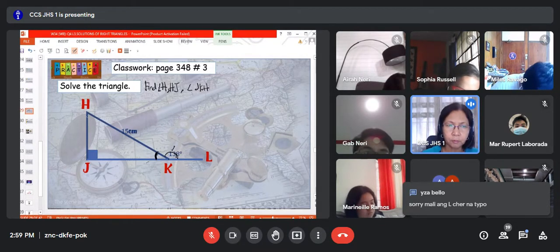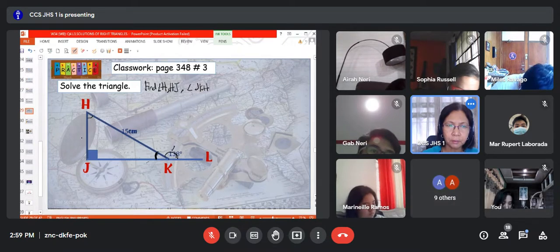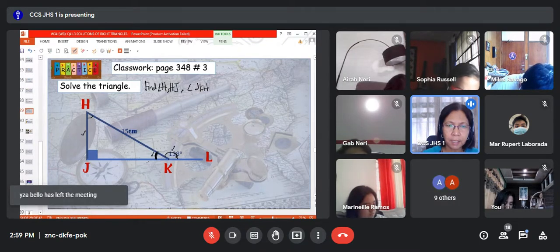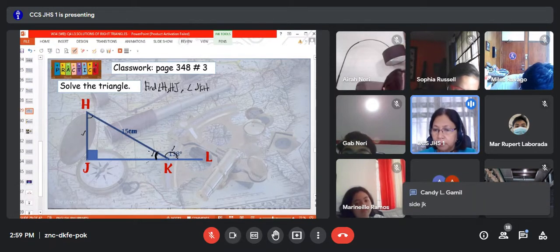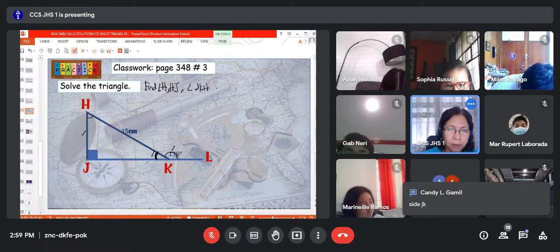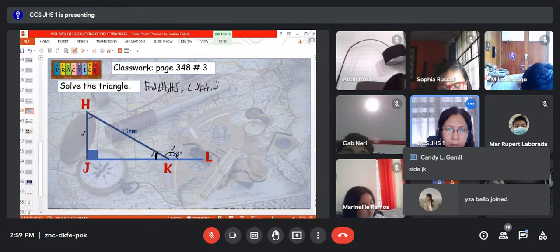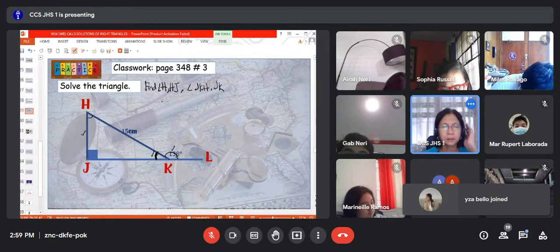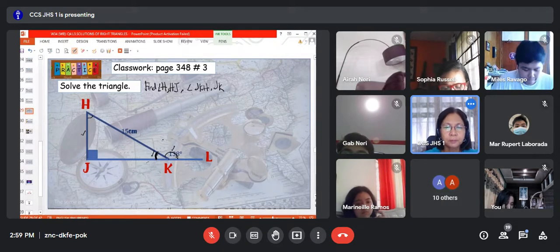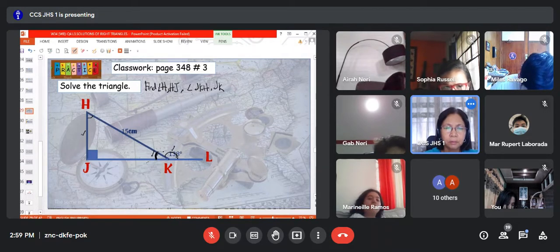We have to look for this one, that one. What else? Yes, side JK. Okay, side JK. Okay, where shall we start first? What do you want to solve first? Look at the figure. Solve first for what?